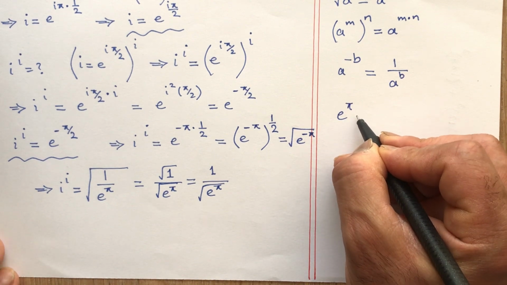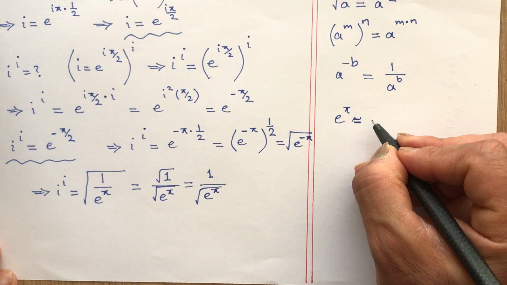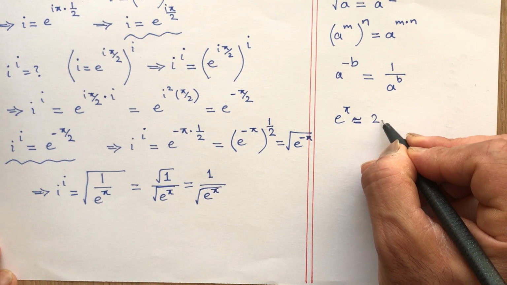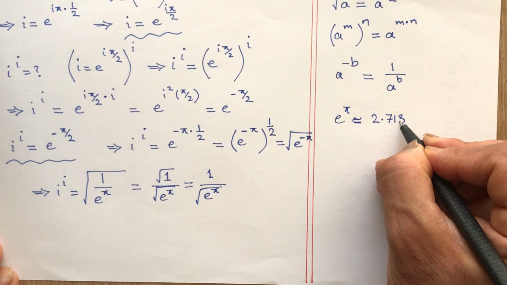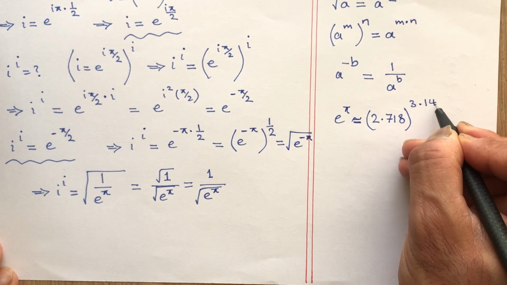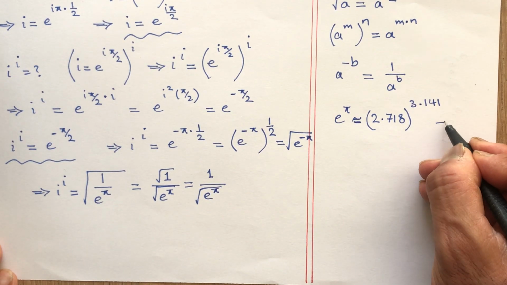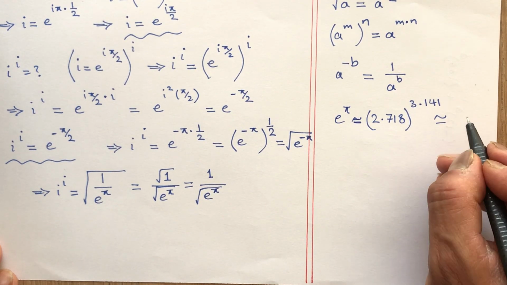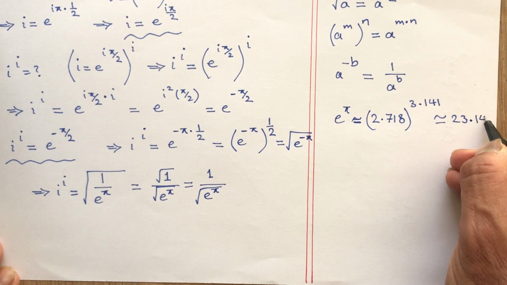e to the power of pi is, again, approximately 2.718 to the power of 3.141, and this will be approximately 23.141.